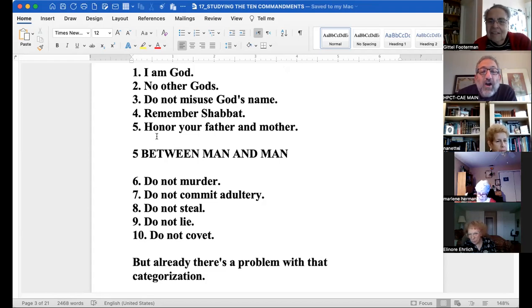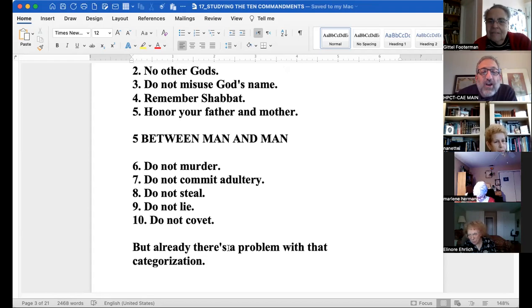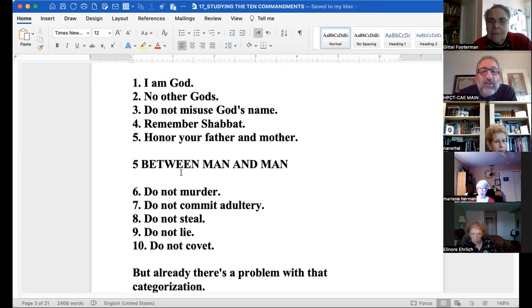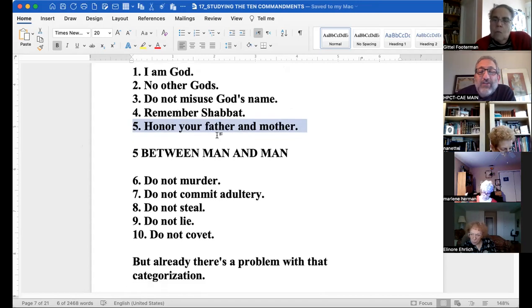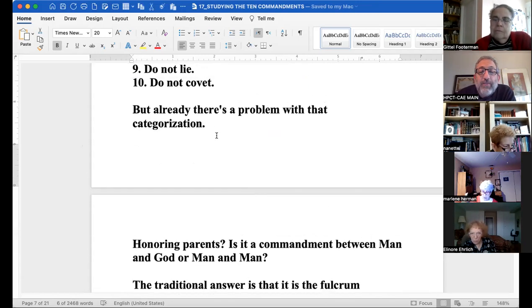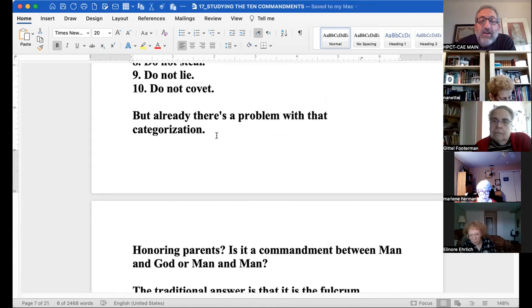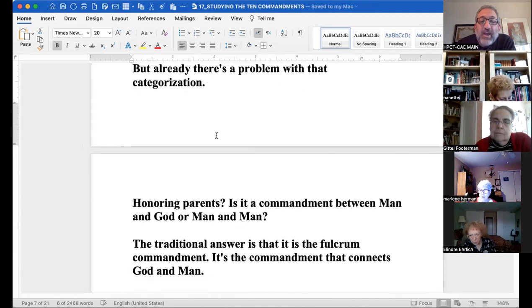There's a problem with that categorization because honor your mother and your father, that's a human commandment, really. So how does the tradition understand it? They understand it as a bridge. Honoring your parents, is it a commandment between man and God or man and man? The traditional answer is that it is the fulcrum commandment. It's the commandment that connects God and man.